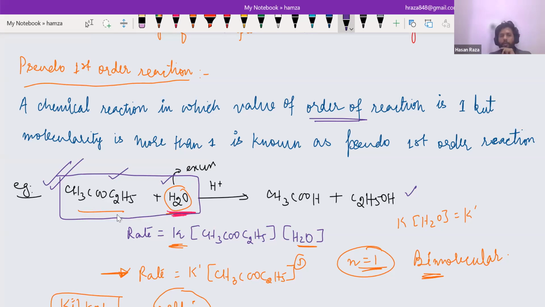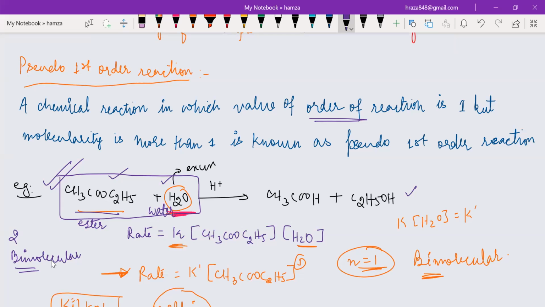Two molecules, one molecule of ester and one molecule of water. So the total molecules reacting is 2. That's why it is bimolecular.